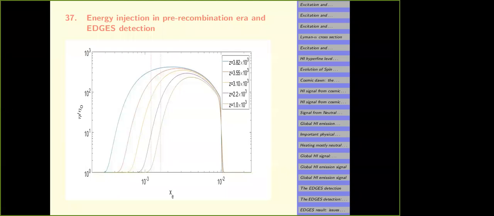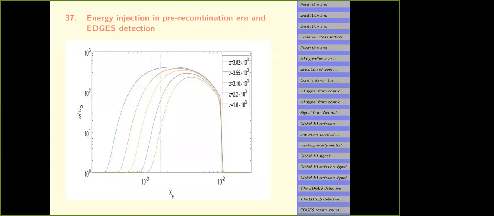If you try to explain EDGES by energy injection in the pre-recombination era, it's actually detectable by the next set of spectral distortion experiments. So yes, the EDGES detection has given us an opportunity to explore different models, but maybe that detection either will not be minus 500, then more usual models will suffice to explain it.